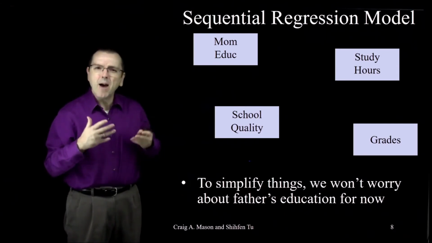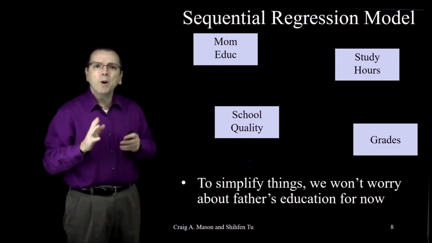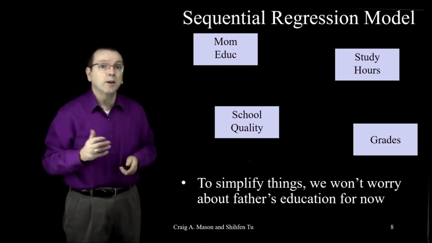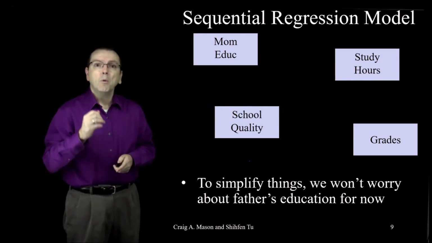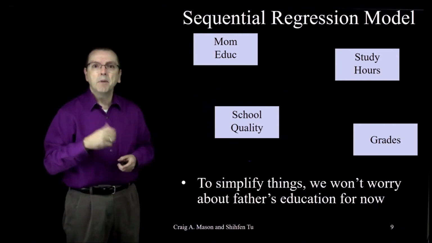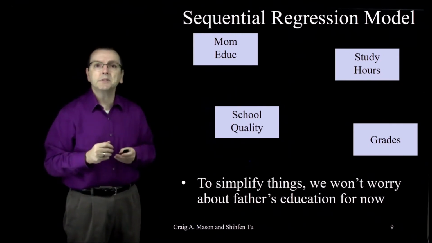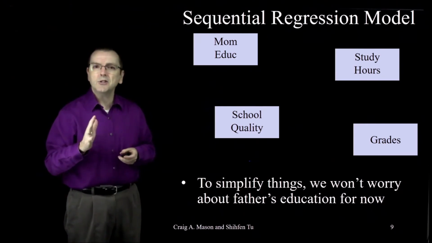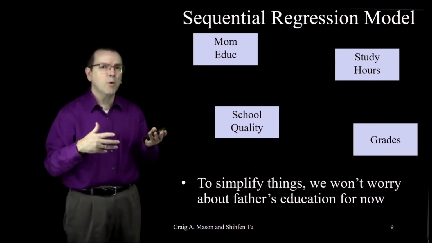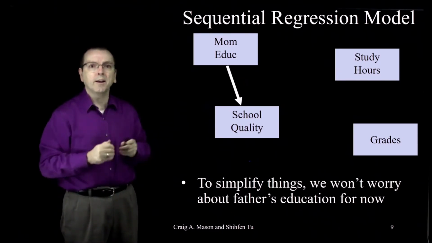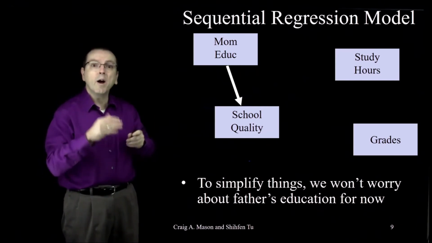But that's about it. But what if you think that mother's education isn't just correlated with school quality? What if you think it has an effect on school quality? Maybe more educated moms live in neighborhoods with better schools. Then it's not just that mom's education and school quality are correlated. Mom's education has an effect on school quality, seen here in this one-headed arrow.